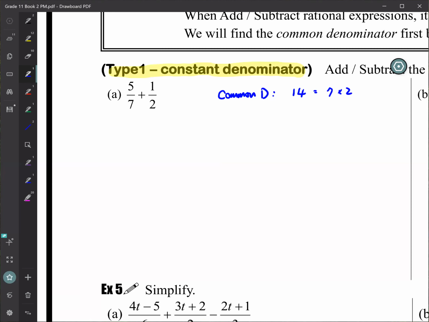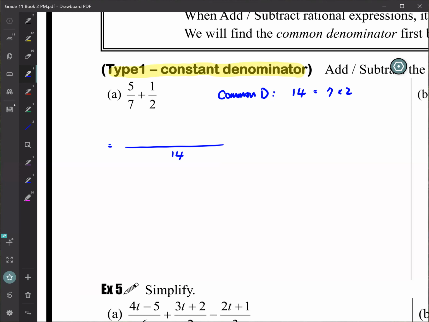So even if, let's say I change the 2 into 14, the common denominator is still 14. You don't need to use 7 times 14. We want to use the lowest common denominator. Once you get here, then you write the whole thing over 14.